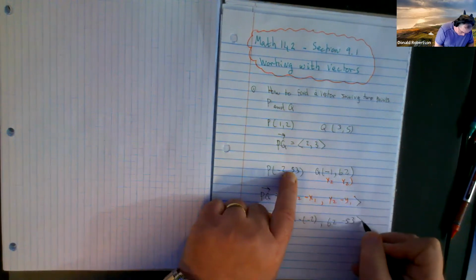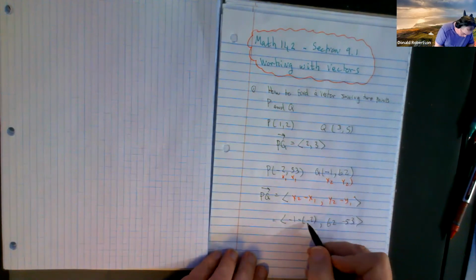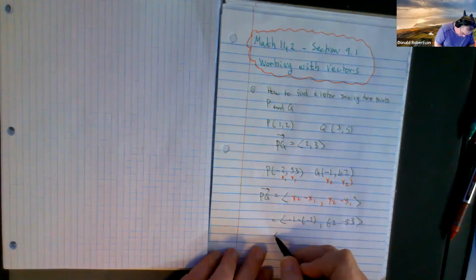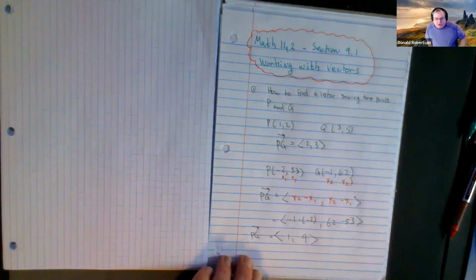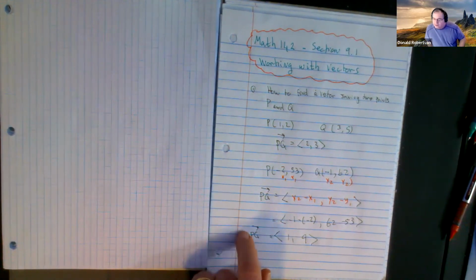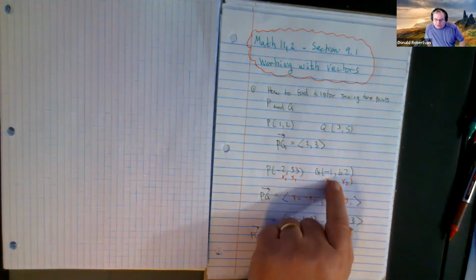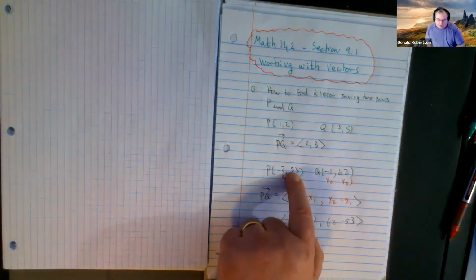And that would be 1, negative 1 add 2, that would be 1, and that would be 9. So there is a way to calculate the vector joining one point to another, and it's simply that. I describe this formula as second take away first. It's easier in my brain to do it that way.